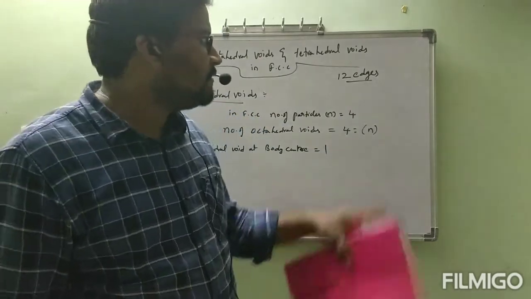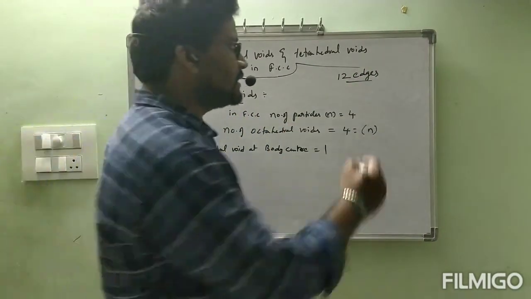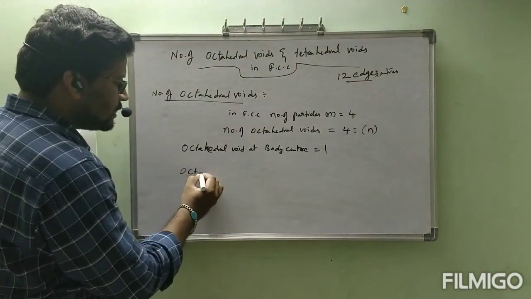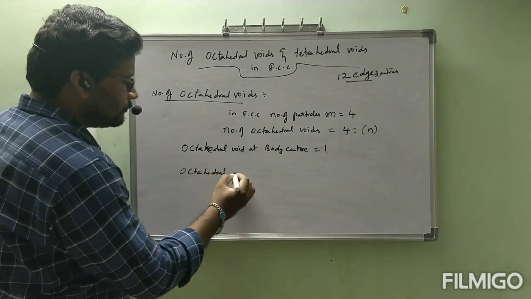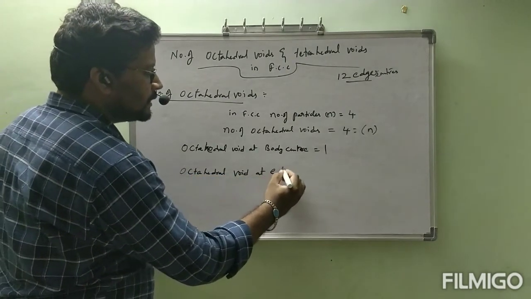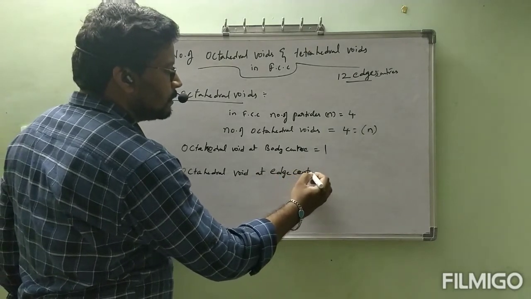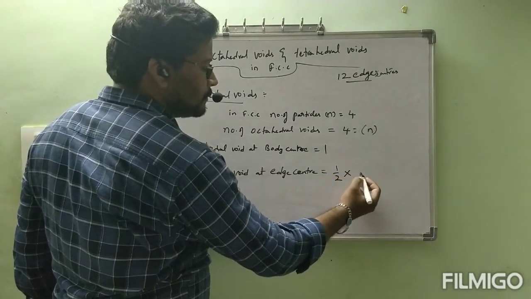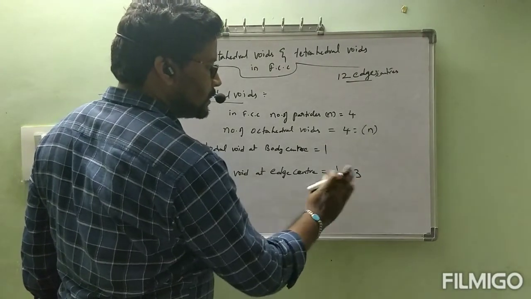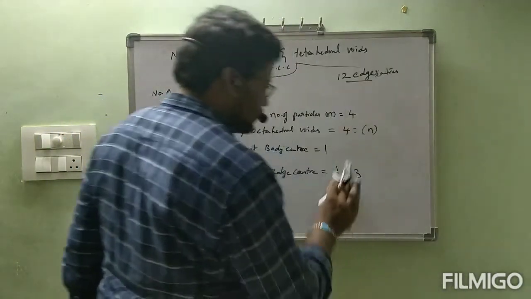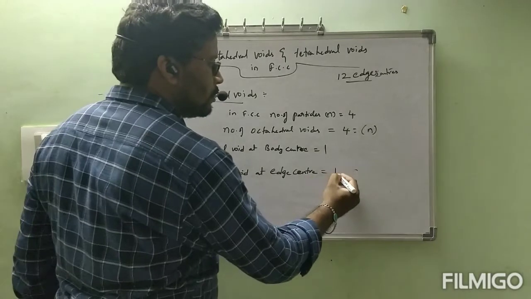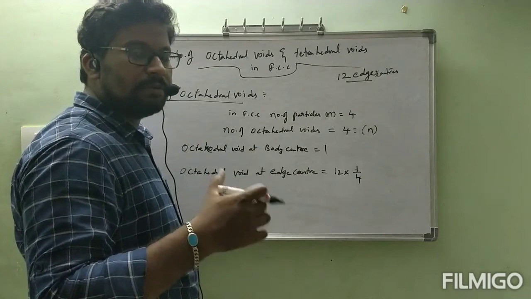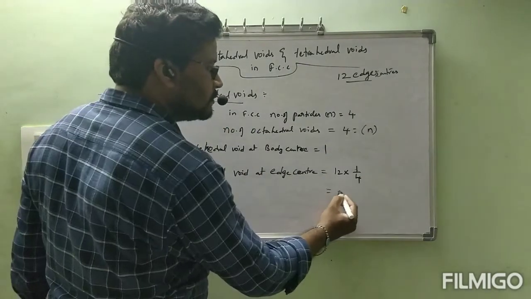Correct? Like that, how many do we have? 12 edges we have. 12 edge centers are there. Then the octahedral void at edge center is equal to 12 into 1 by 4, because each octahedral void is contributing a fourth part. 12 into 1 by 4 is equal to 3.